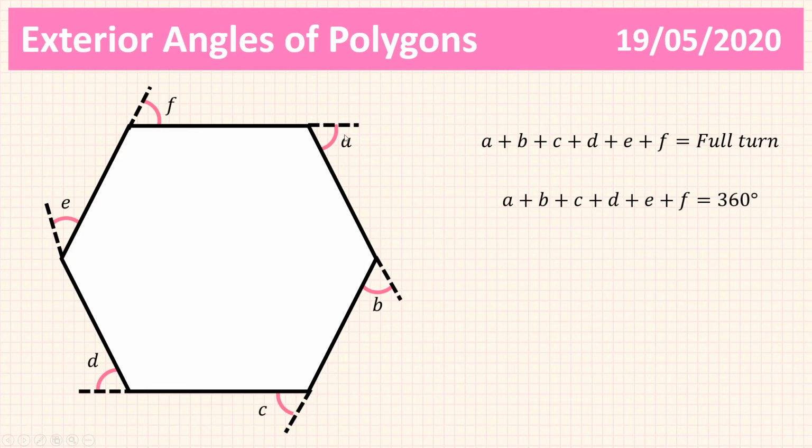Which must mean, because A, B, C, D, E, and F are exterior angles to this shape, that the sum of exterior angles, when we add them together, must be 360 for all shapes. That's true for every single shape. The sum of exterior angles is 360 degrees.